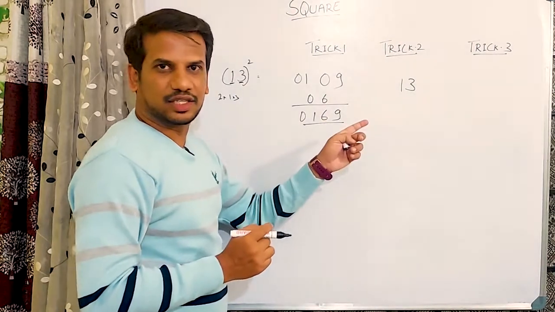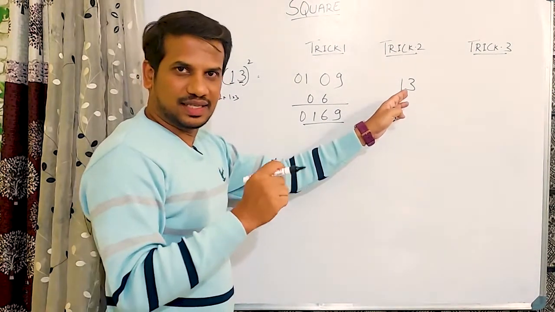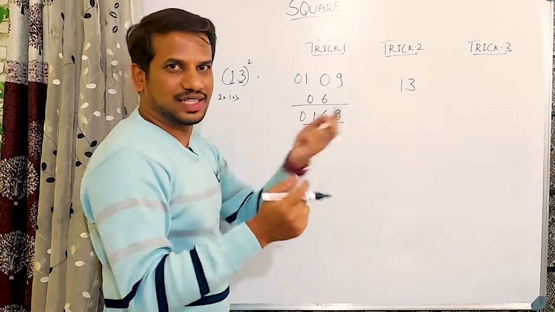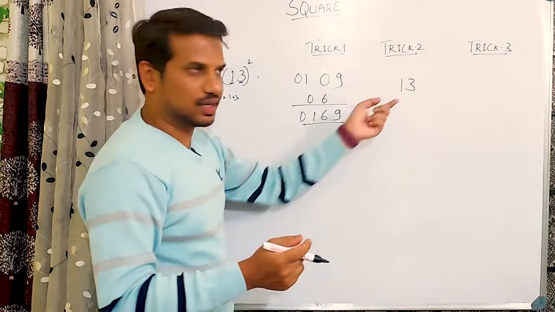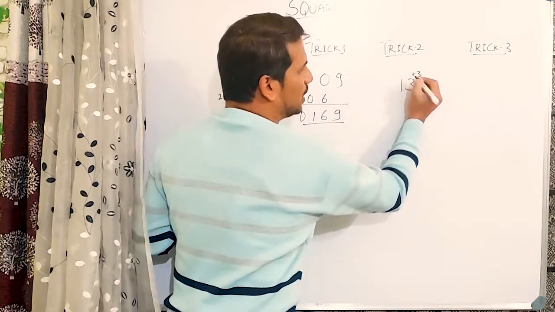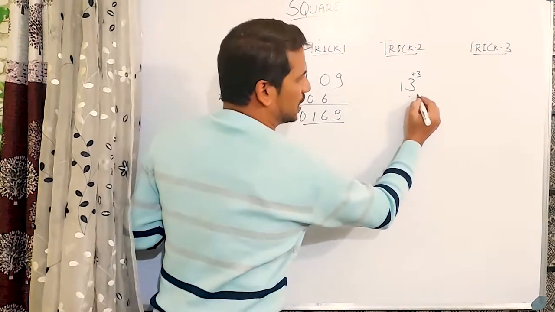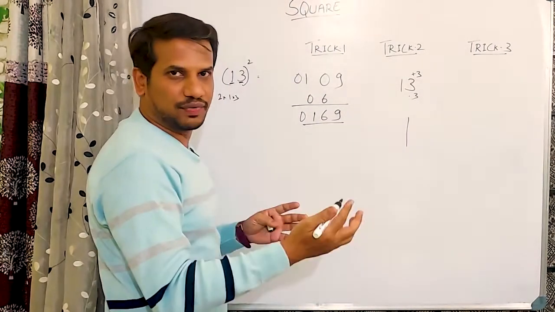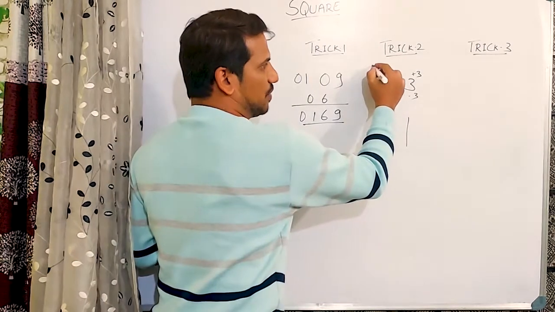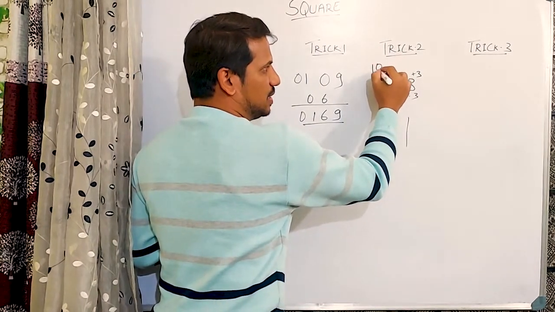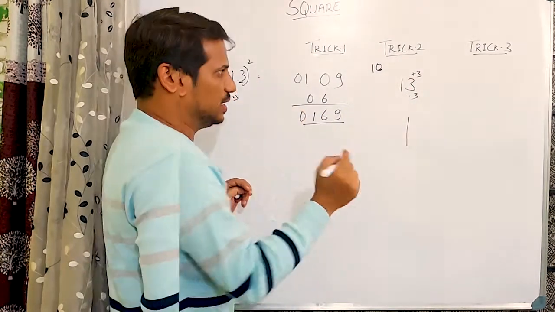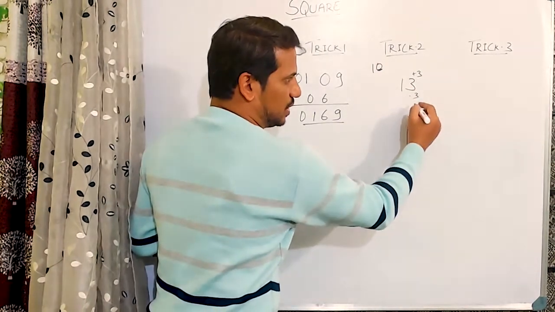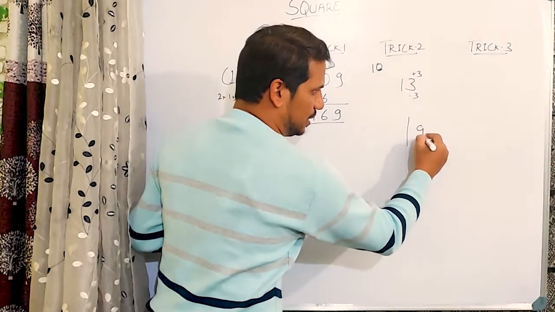So let's see the trick 2. So how much is 13 greater than 10? So let's keep 10 as base. So how much is it greater? 3 plus 3. So we need to compensate with minus 3. Now we need to have 2 different parts. So since we have kept 10 as base, we have only 1 0 in 10. So let's multiply 3 into 3, that is 9.